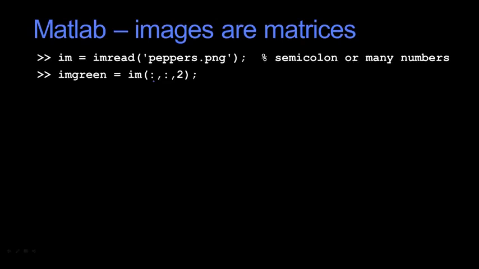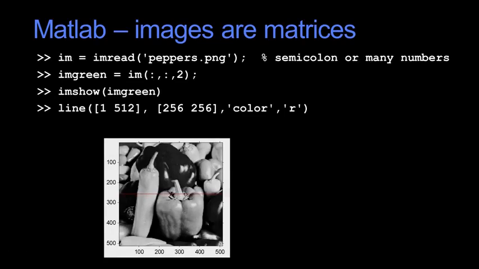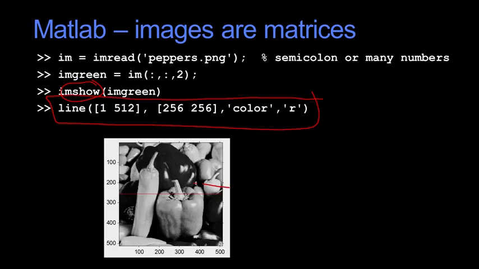So we've got our green channel, which is just a single channel. I can just show that, and if I call imshow, we'll talk about that in a minute, green has just got a single layer, so think of it as a grayscale image, and imshow in this case would just display it. You'll notice MATLAB makes it really easy to plot things also. It says draw a line, and can you see that red line in there?